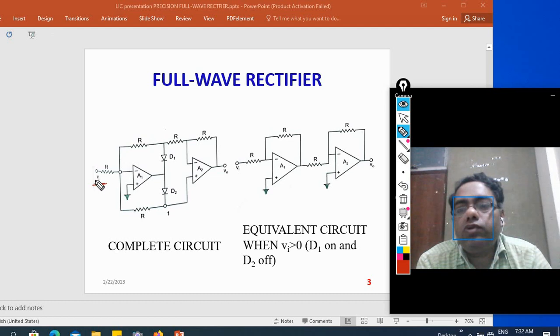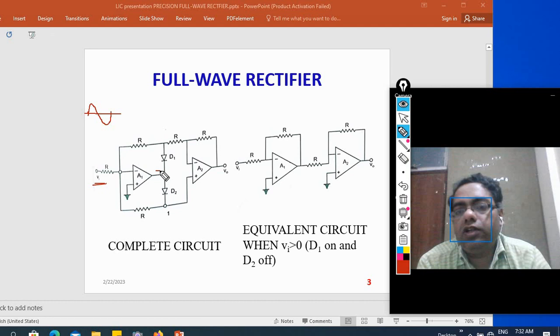When the input signal, a sinusoidal wave, is just slightly positive, the output of the op-amp is sufficiently negative, because the voltage difference here, with this being 0 volt, gets multiplied by the open loop gain to give a high voltage.